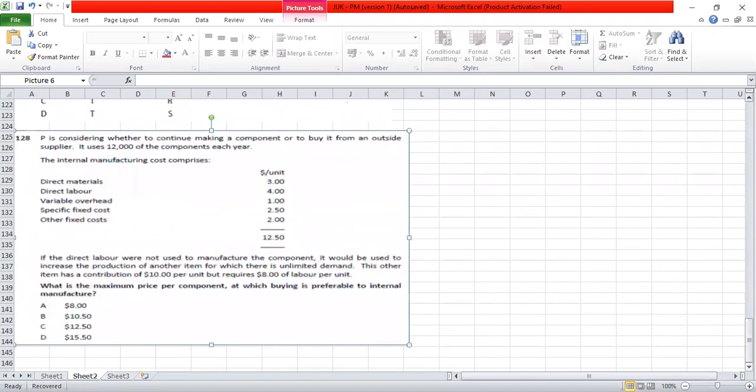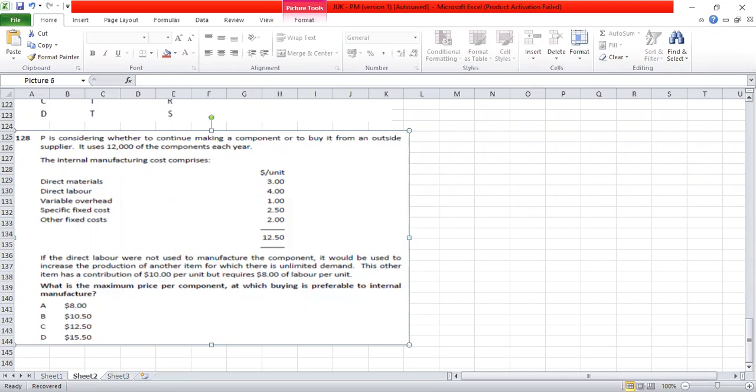P is considering whether to continue making a component or to buy it from an outside supplier. It uses 12,000 of the components each year. The internal manufacturing cost comprises direct materials, direct labor, variable overhead, specific fixed cost, other fixed cost.